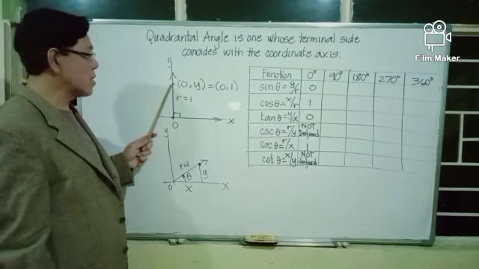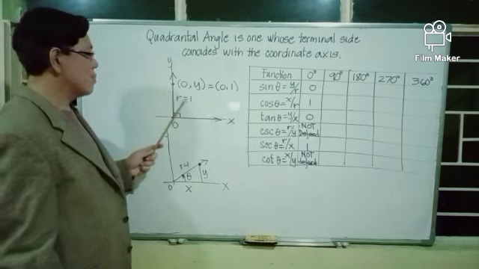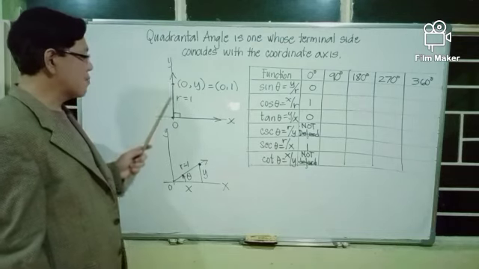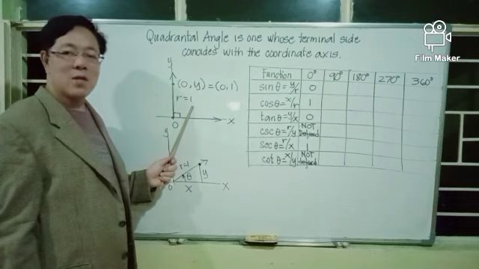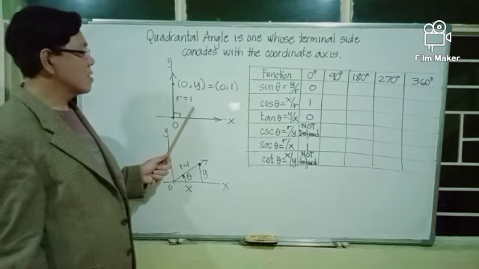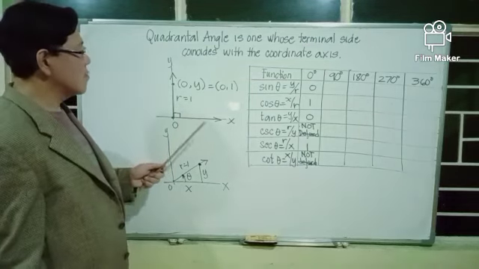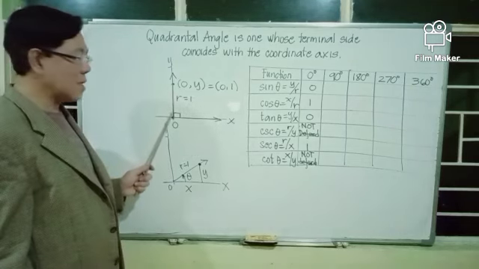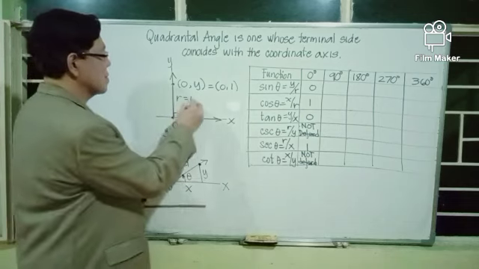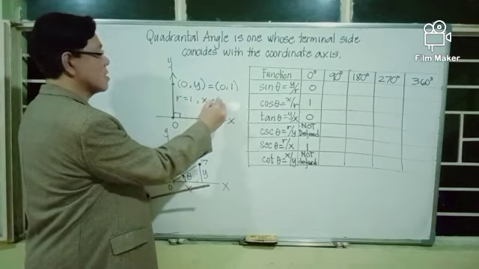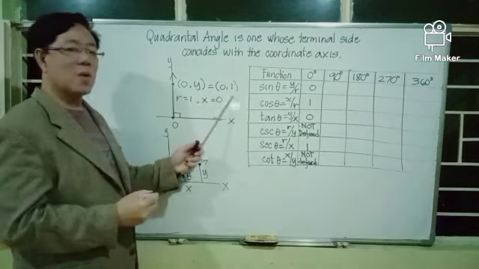At this point, the value of y is 1, because the distance of this point from the origin is 1 unit, equal to the radius vector. So for the quadrantal angle 90 degrees, r is 1, the value of x is 0, the value of y is 1.